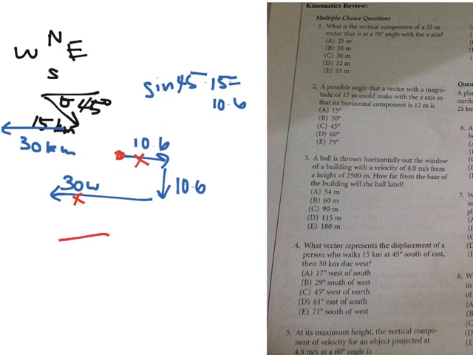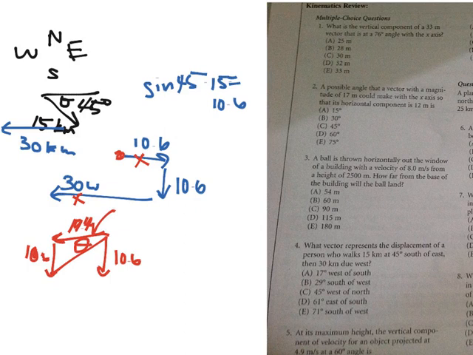And if we do that, we know that ultimately we went 19.4 west and then 10.6 south. So I just moved that, and this is the angle we want to find.